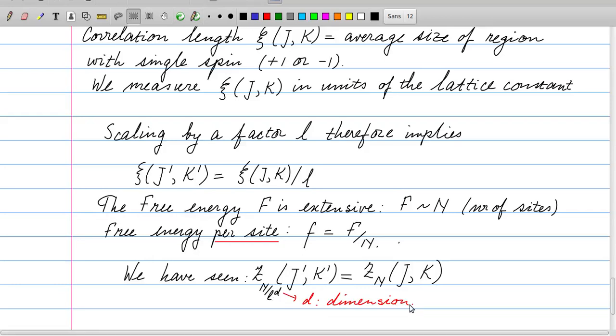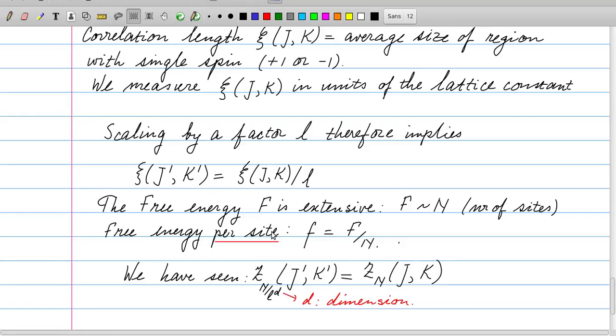D is the dimension, so if I started off with n points and I have a rescaling length of L, then n divided by L to the power d is the new lattice size. So that's the number of k spins which I had if I started off with n s spins. And so the J and the K go to the J primed and the K primed. That's just the renormalization transformation.